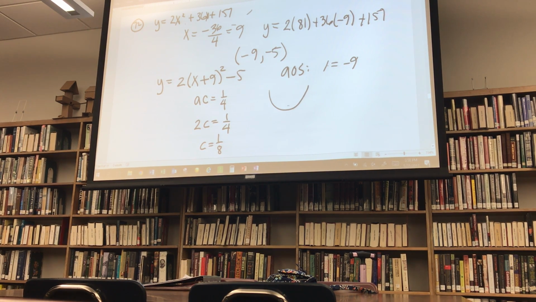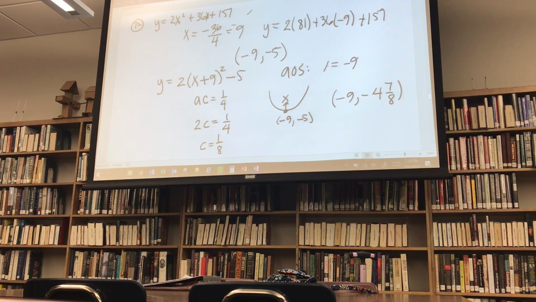And so if I picture my parabola with a vertex of negative 9, negative 5, I need to go up to get to the focus, right? And how do I go up from negative 9, negative 5? I keep the negative 9, and where does the y end up? Negative 4 and 7/8. One of the few times we use mixed numbers, right?